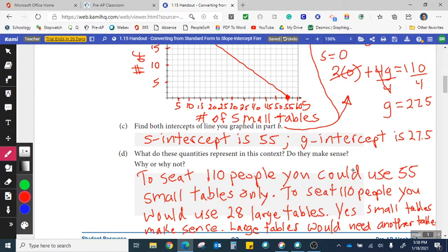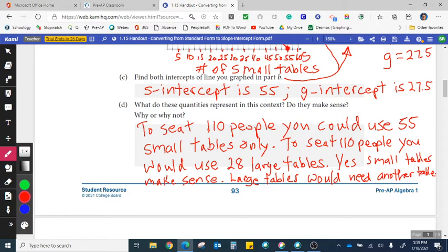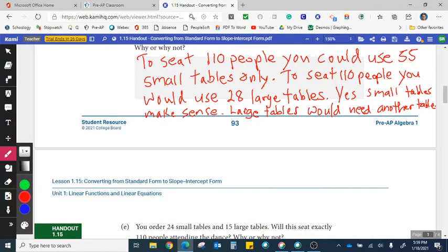But to tell your teacher, whoever you have, that you understand this problem, you're going to have to prove that you understand what's actually going on with the intercepts, with the S-intercept and the G-intercept. Make sure that as you're reading it back to yourself, it's easy enough to explain to a random person you pull off the street.